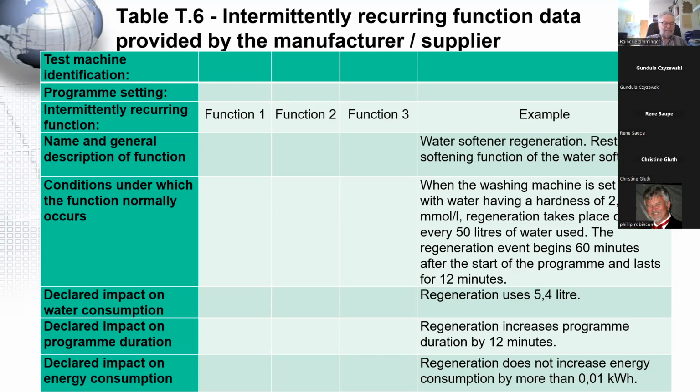So if it's water hardness elimination, one can say, okay, it depends on the water consumption, and it depends on the hardness. And you should also inform about the additional consumption coming from that. So here, in this example, regeneration uses 5.4 liters and costs 12 minutes in program duration and almost nothing in energy.